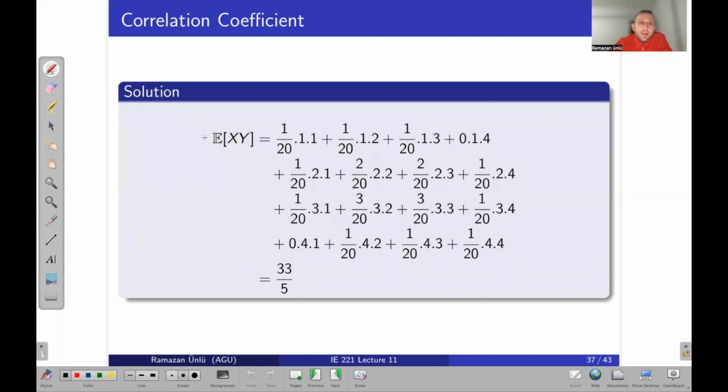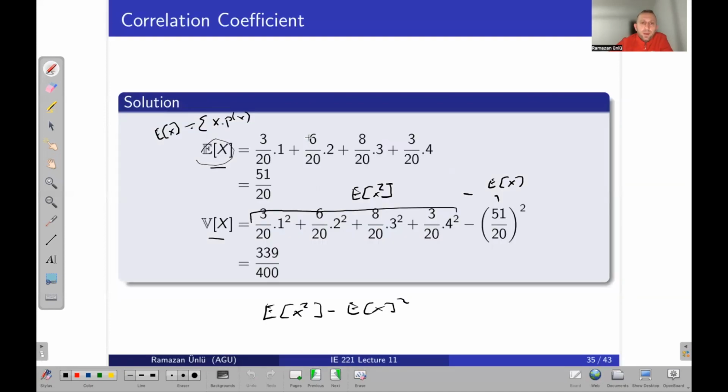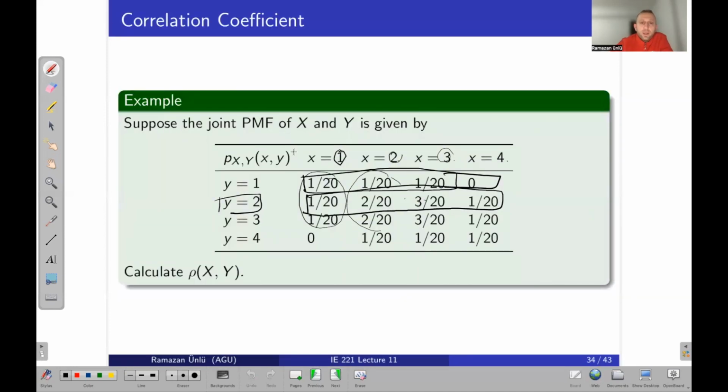And the last thing, I need to calculate the expected value of xy, right? X times y. So in this case, I will use the table. For the first entry, x and y are 1 and 1, and the corresponding probability I know is 1/20, right?